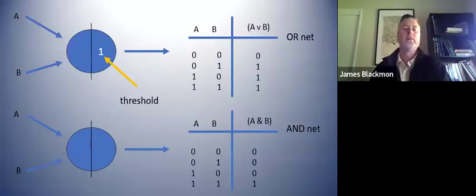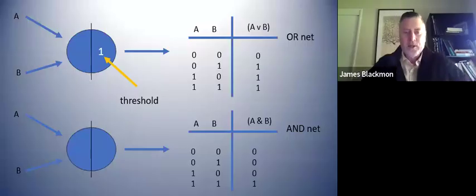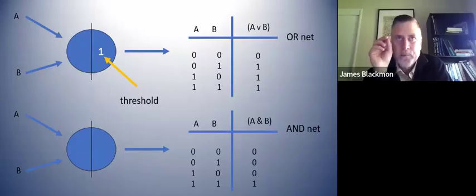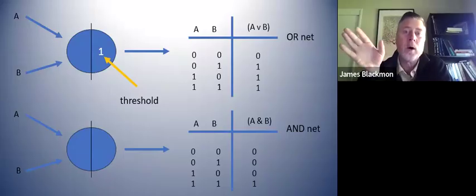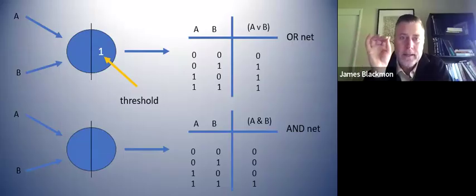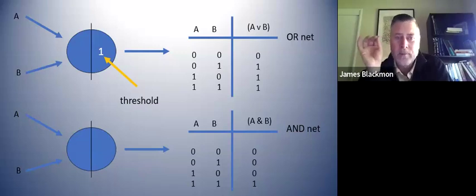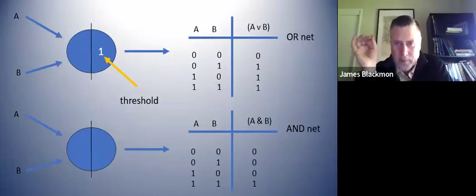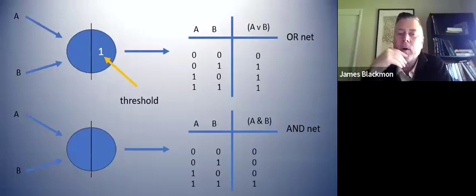The first one has a threshold of one. Remember, it takes inputs, and often the inputs are weighted, but in this case, the weight is just one. So it's going to take an input of either 0 or 1 from A and either 0 or 1 from B. The threshold is 1, which means whenever it gets at least one input, it will produce an output of 1.